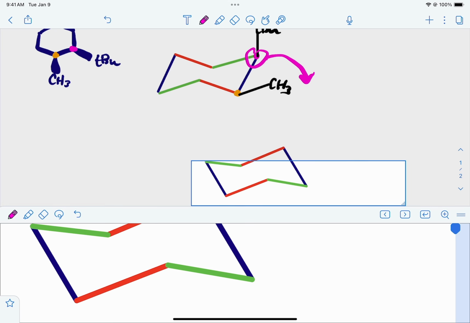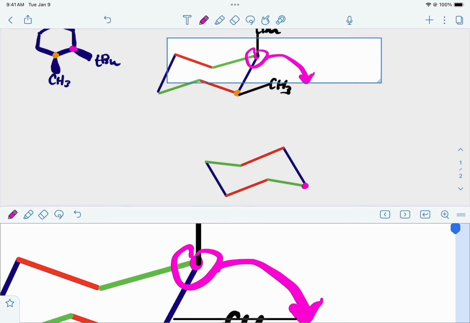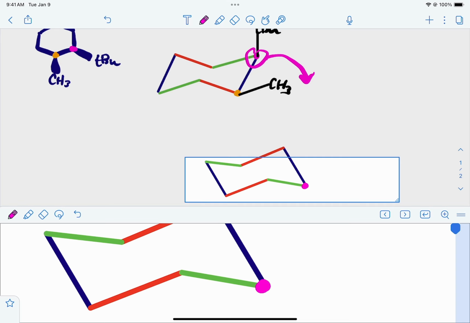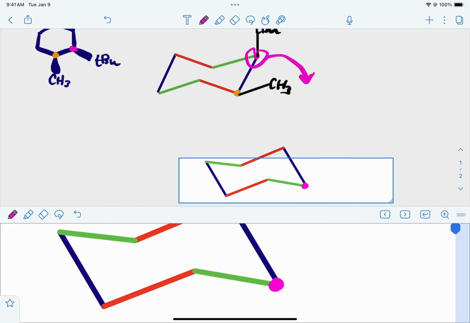And that's why I always start there. I like that carbon the most because I know if I start there, that group always ends up there. And then I can just go clockwise around the ring. Okay, so if that's our pink carbon, then the next carbon clockwise is the orange carbon. So I know where our groups are, okay?